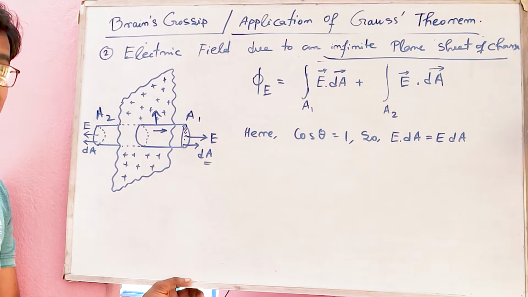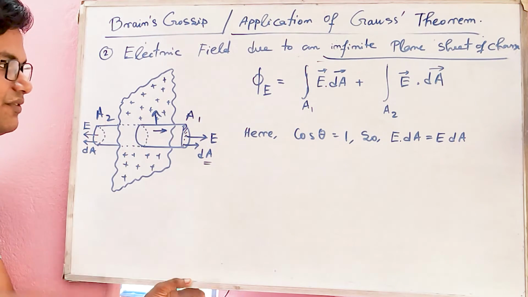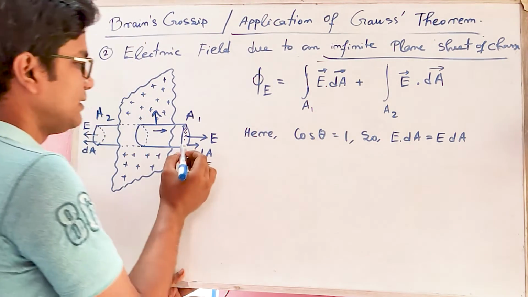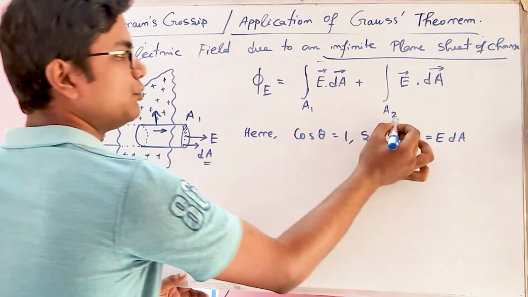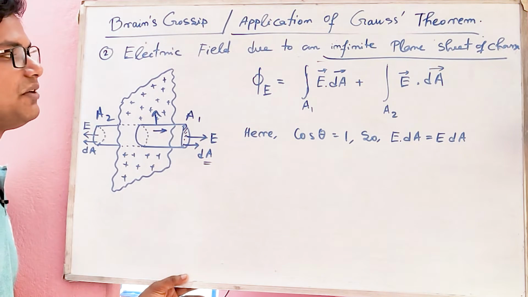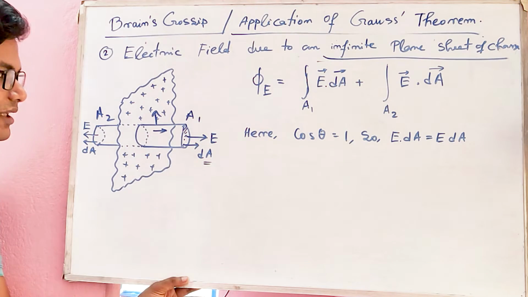Now what is our target? Our target is to find out the flux for this Gaussian surface. We will take A1, that is this area, and A2, that is this area, but we will not take the flux for the curved surface. Why?